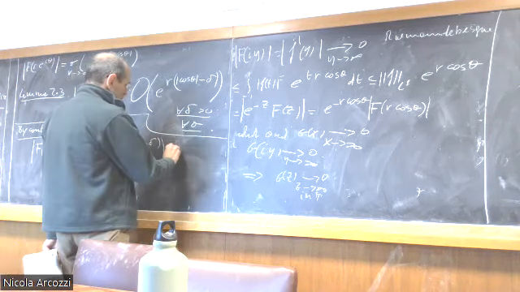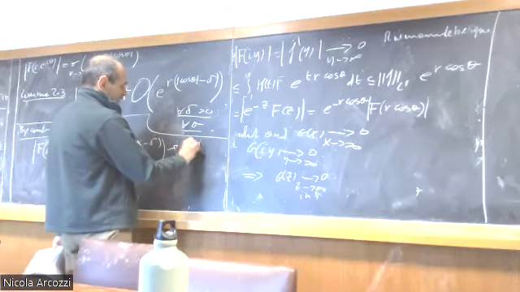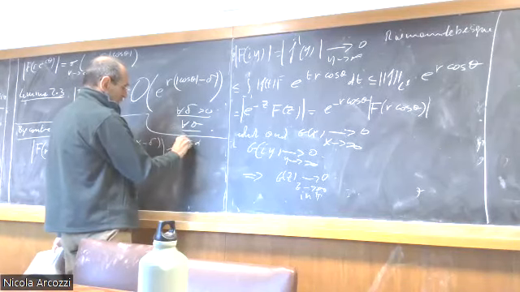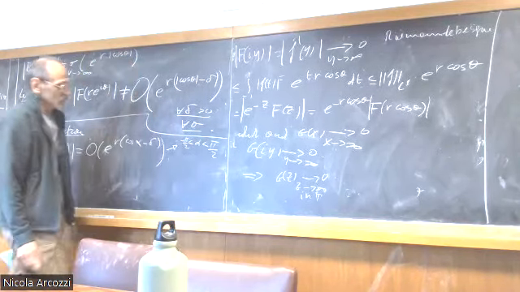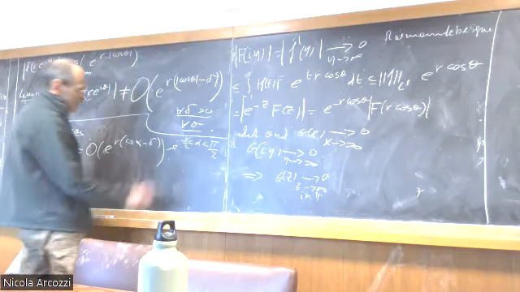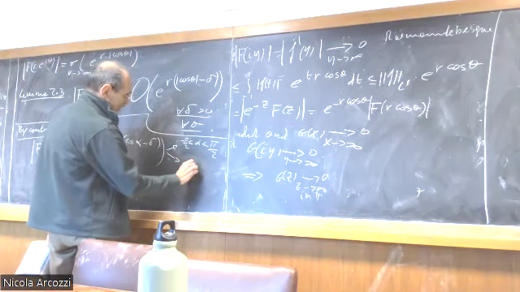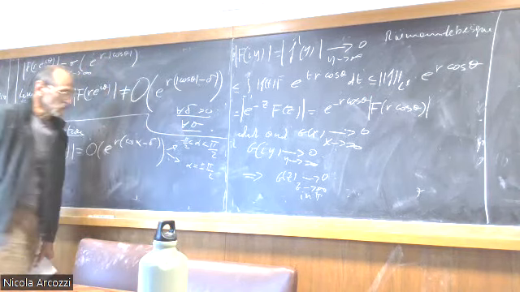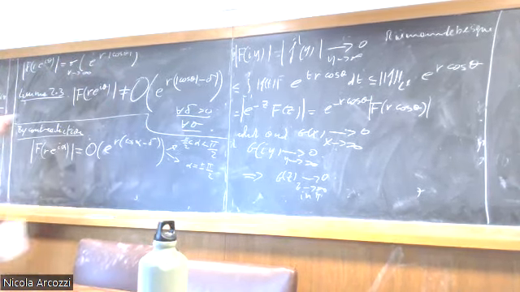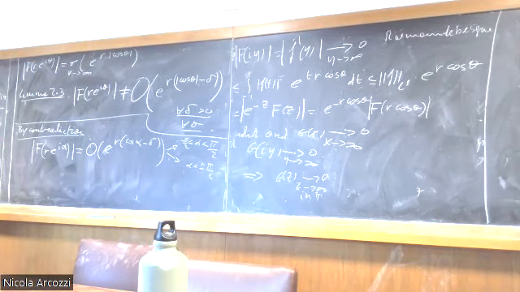And then we consider two cases. One case is alpha between minus pi over 2 and pi over 2, and then another case is alpha equal to plus or minus pi over 2. Okay, this takes care of about half of the alphas, and the other half of the alphas can be taken very simply.